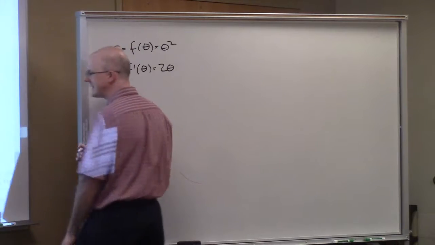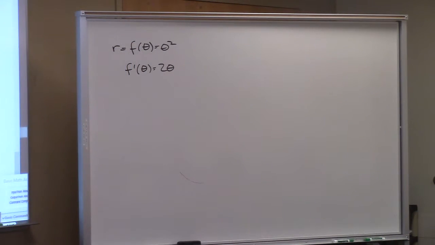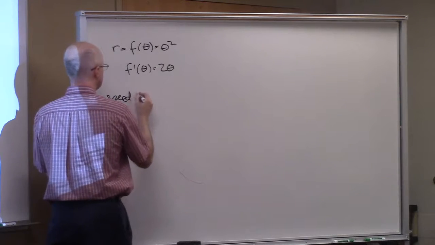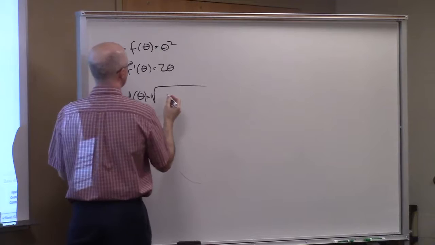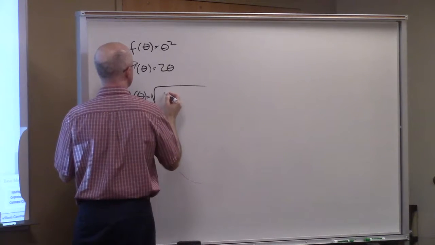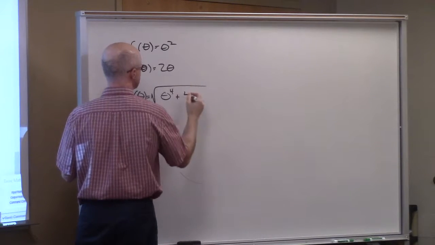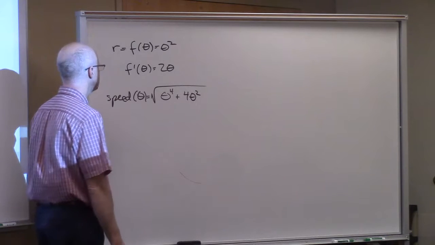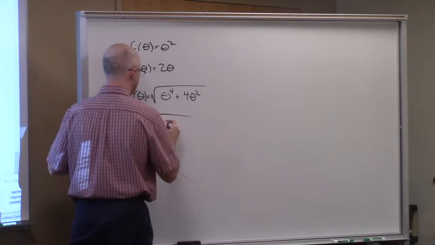All of this, I was thinking this integral came out nicer. Oh, it's not going to be super nice. Let's see what happens. The speed is a function of theta. Using this formula, it's going to be the square root of theta to the fourth plus this thing squared, which is 4 theta squared. I guess it doesn't turn out too bad because you can factor out a theta squared like this.